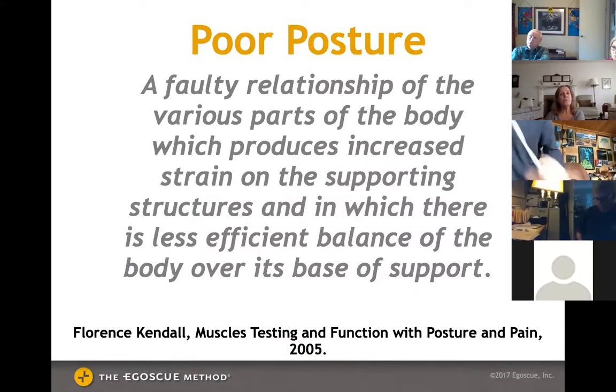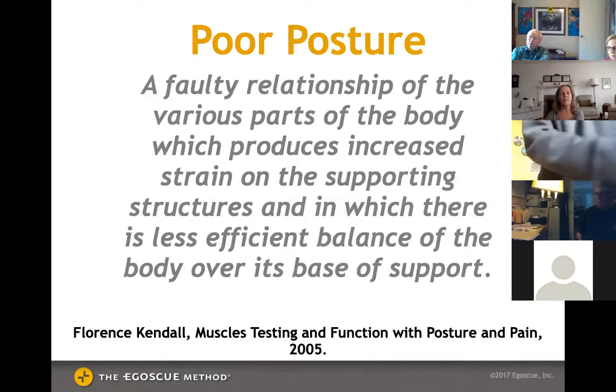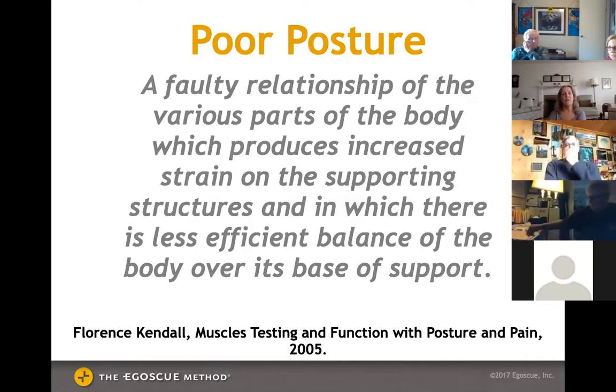Posture is not just in reference to how we're standing, chin pulled back, shoulders back, feet straight. That's what most people think of when they think of posture, but it's really the position of all of our joints in relation to each other, and not just when we're standing still, but how the joints stay in alignment with each other.